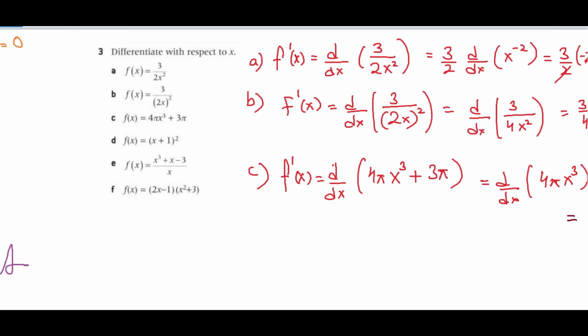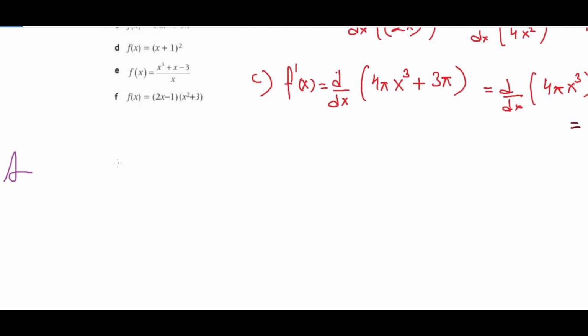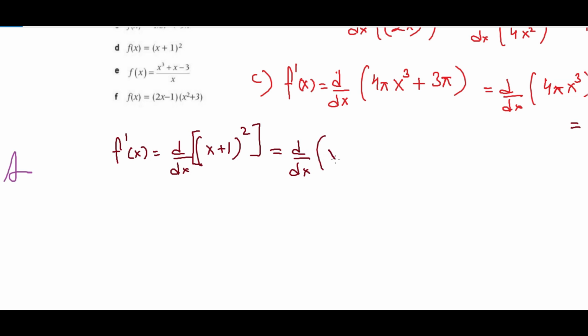Let's proceed to the next question, D part. We have f dash x equals differentiation of (x plus 1) whole square. It's up to you whether you want to open this whole square first or do it together. I recommend you first open it, because we are doing it initially and we are not applying the product rule or the chain rule. So we get d by dx of the whole square formula: (a plus b) whole square is equal to a square plus 2ab plus b square. 1 square is just 1.